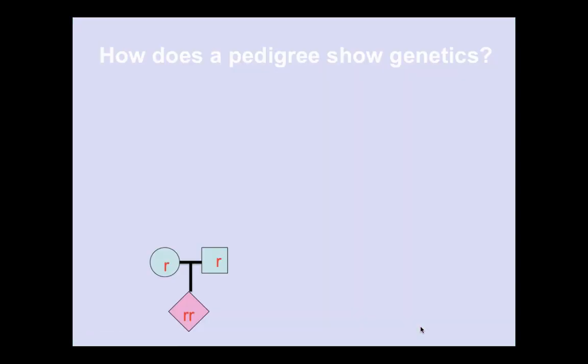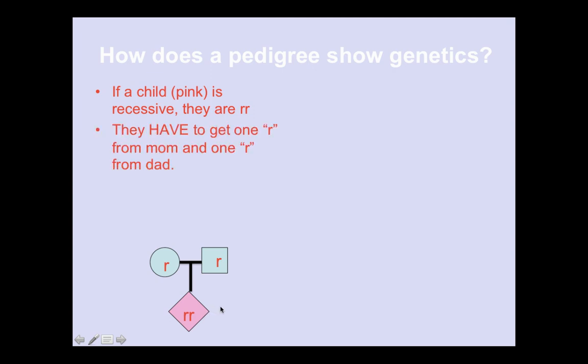Now we're going to talk about showing genetics. And here's an example. If a child, pink here, is recessive, they're little r, little r. We're going to use r's in this case. And they have to have gotten 1 r from mom and 1 r from dad.